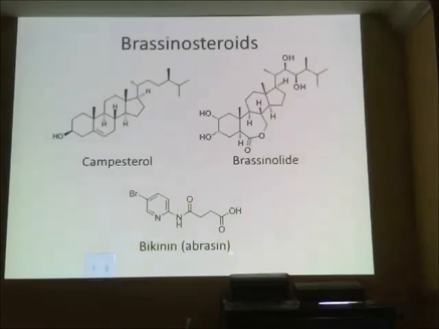So that particular enzyme extracted from the Arabidopsis plant, a plant in the mustard family, inhibits this kinase, and that actually activates signaling of brassinolide. So all of these compounds again act in some way as plant growth regulants.